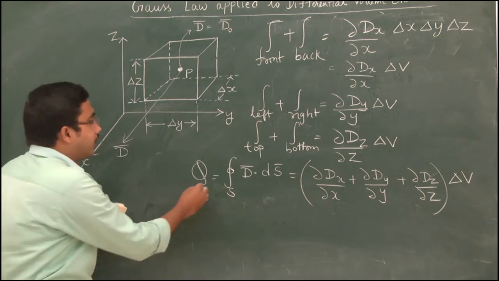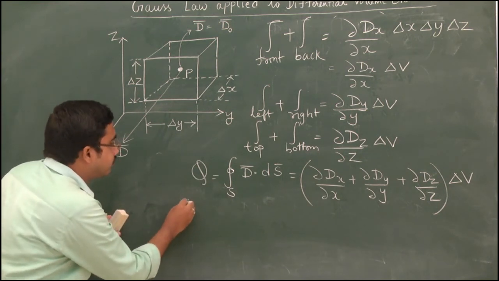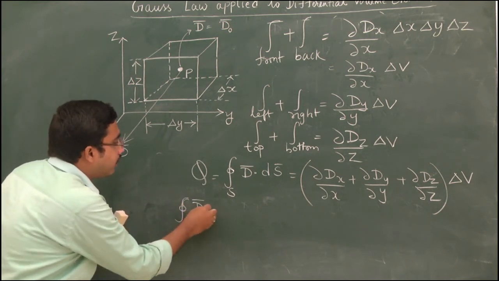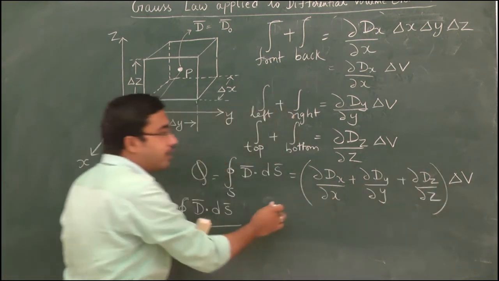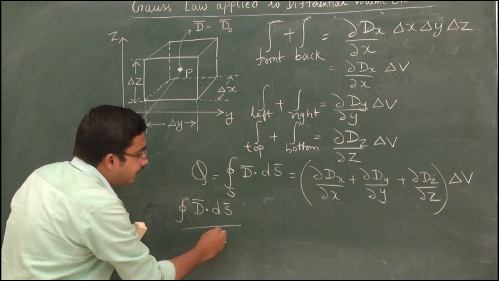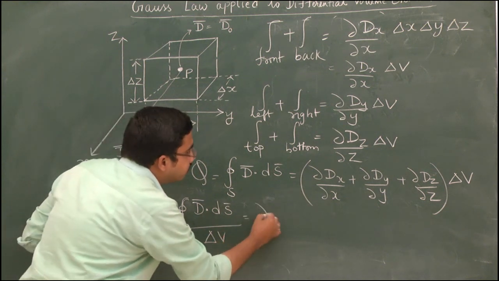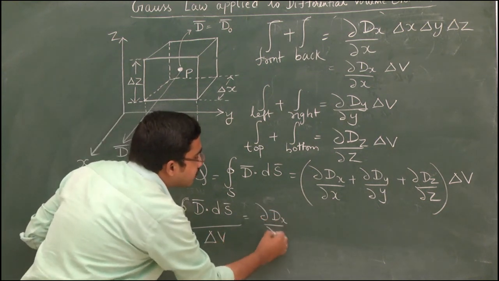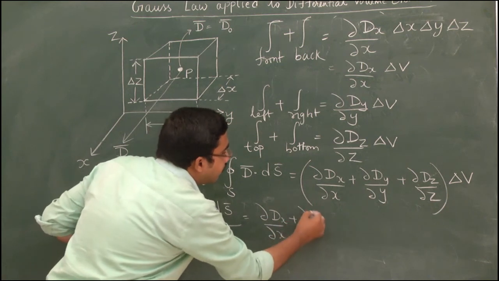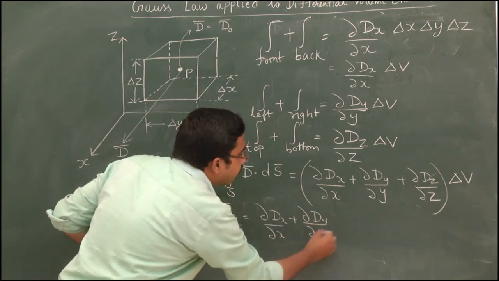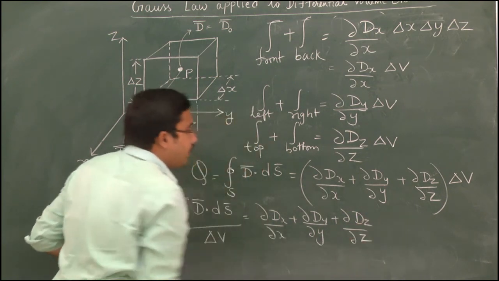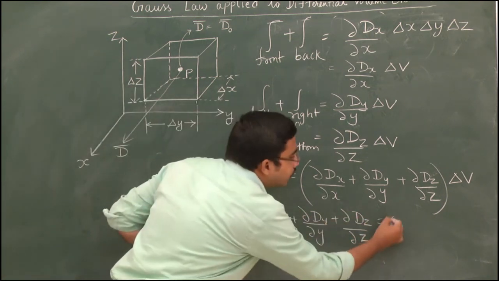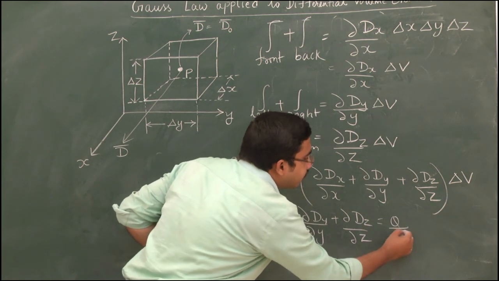Now you can write it as the integral of D̄·dS̄ divided by, if you send this Δv this side, it will become by Δv, that is equal to ∂Dx/∂x + ∂Dy/∂y + ∂Dz/∂z, which is also equal to Q by Δv.